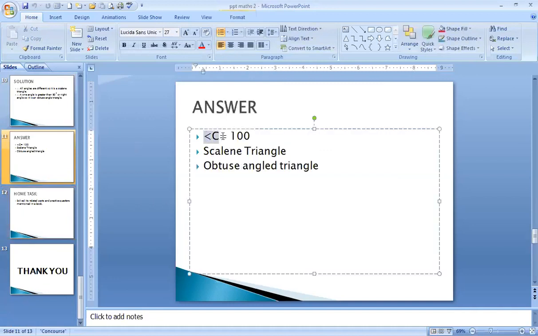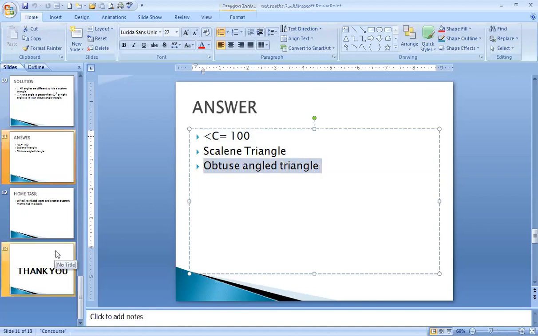First of all, mention the unknown angle, that is angle C. Mention the value of the unknown angle that you have found, angle C equals 100 degrees, and the type of triangle with respect to its sides is a scalene triangle, and the type of triangle with respect to its angles is an obtuse angle triangle.